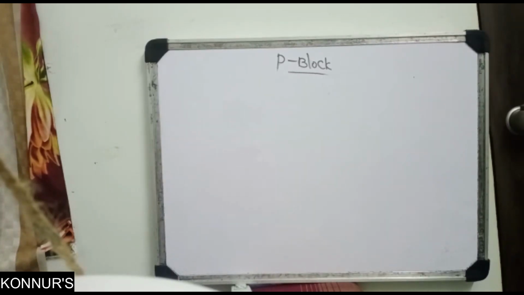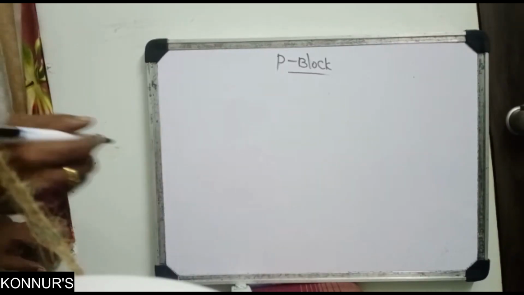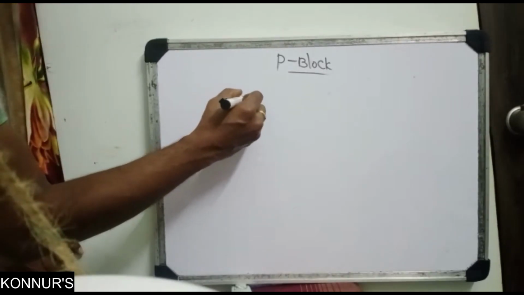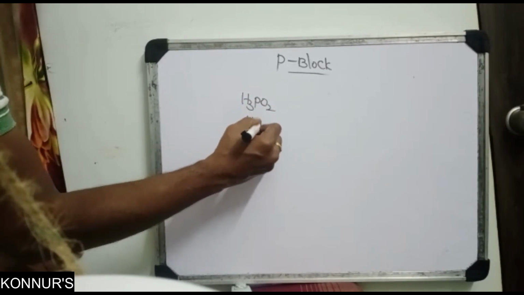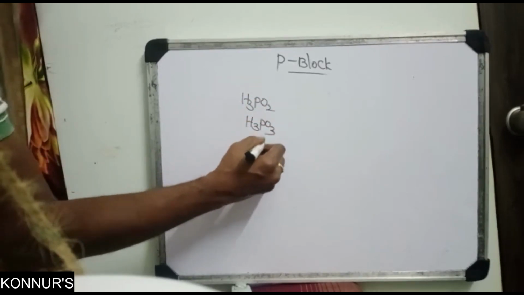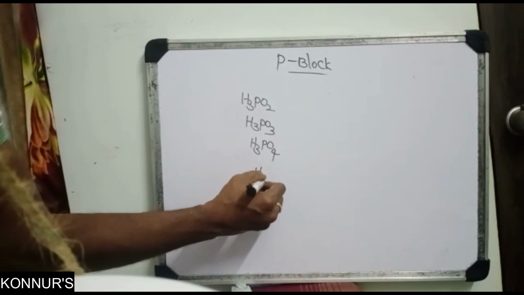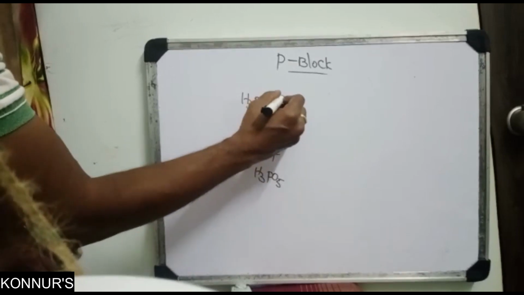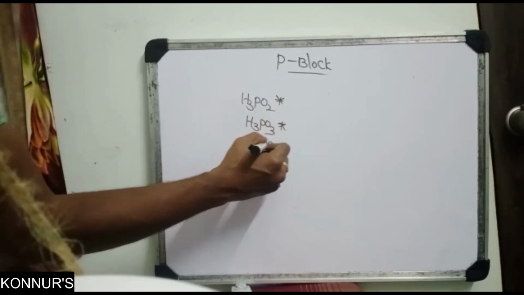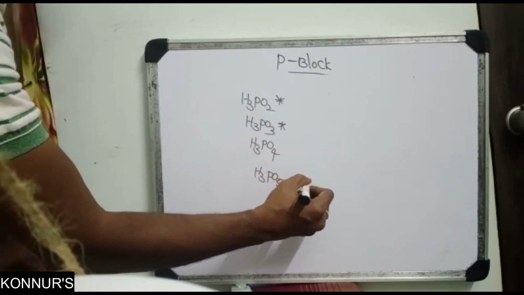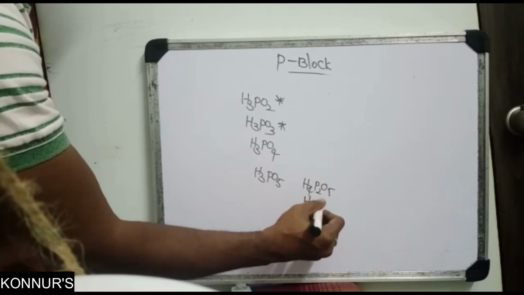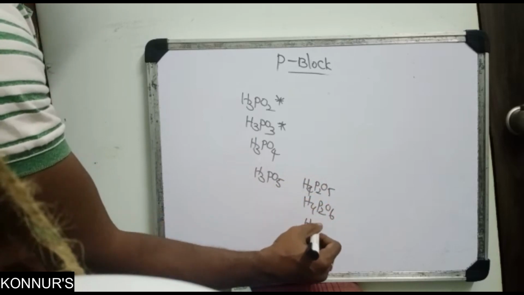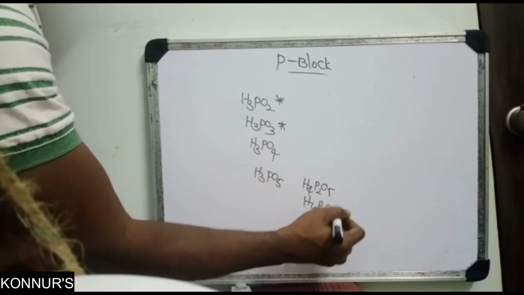Next, one important question in phosphorus oxides, that is the pentoxide. What are the oxo acids? H3PO2, H3PO3, H3PO4, H3PO5. These are hypophosphorus, phosphorus, phosphoric, peroxyphosphoric. Next H4P2O5, H4P2O6, H4P2O7.